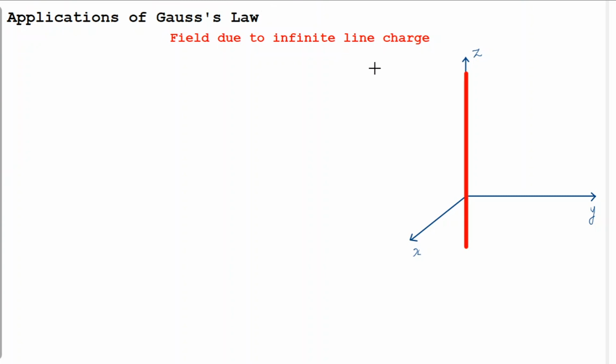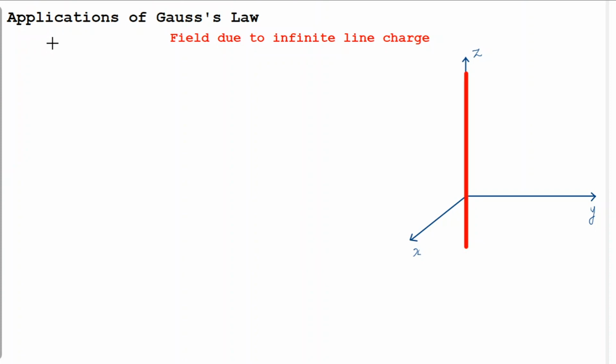So this red line indicates the charge extending from minus infinity to plus infinity along the z axis. Let us also assume that the line charge density is rho L. This entire line has charge density rho L.